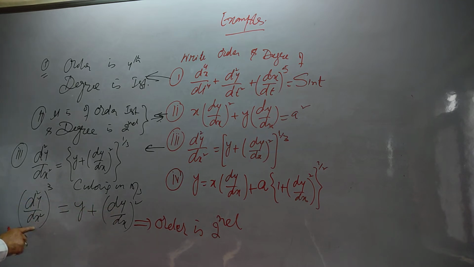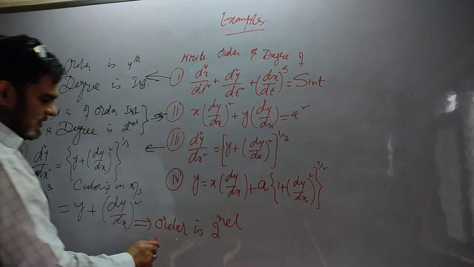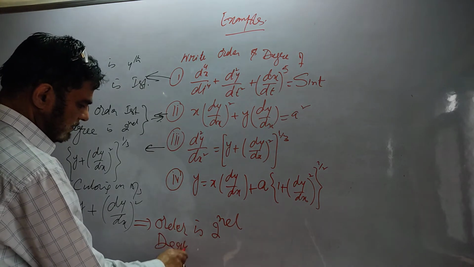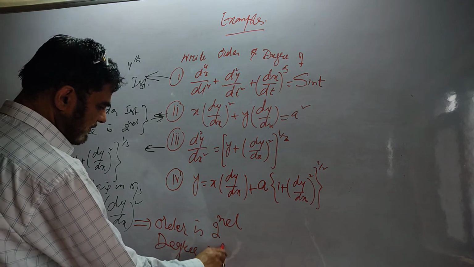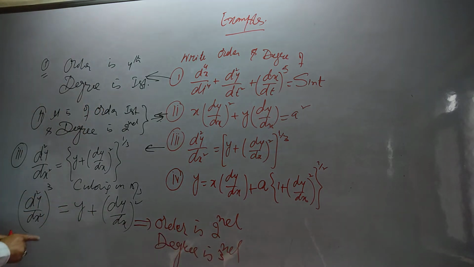It is second order. Then you have to see what is the highest power of the highest order, the highest exponent of the highest order. This is your highest order, d2y by dx square. Its highest power is 3, so the degree is 3. Order 2, degree 3.